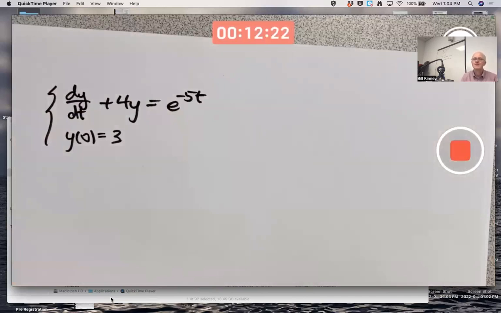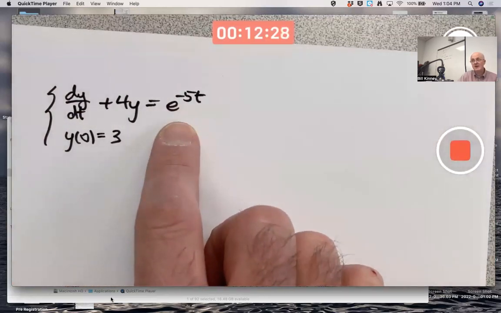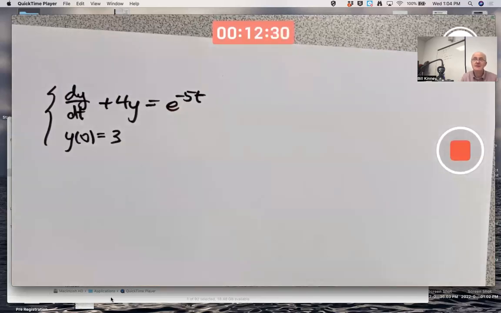In particular, second order equations, especially where the right-hand side forcing function is actually discontinuous. Analogous to thinking about a model, maybe where you've got a mass and a spring going back and forth, and maybe you hit it with a hammer. Impulse forcing, it's called. Maybe just once, or maybe you hit it with a hammer periodically.